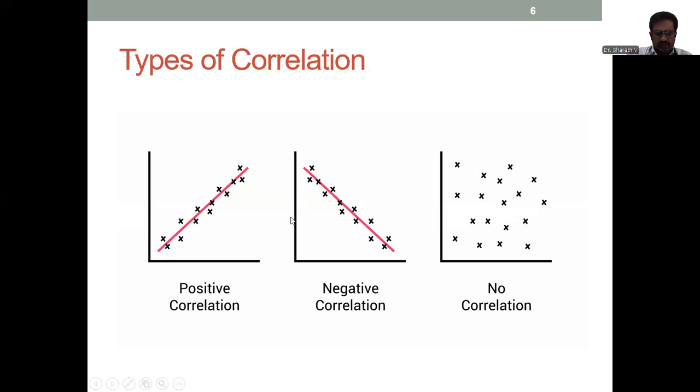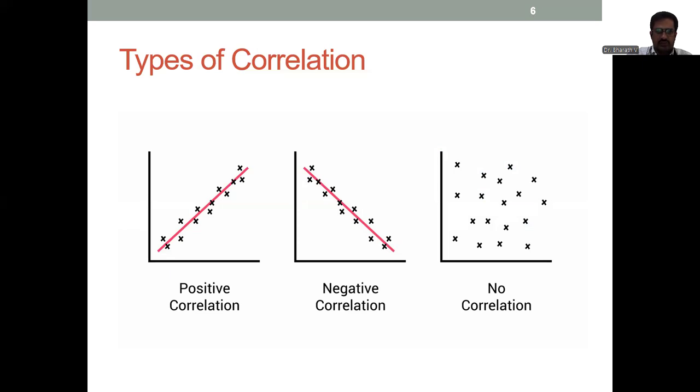A negative correlation indicates that when one variable decreases, the other variable increases. There is an opposite direction, an inverse relationship. So the R value is negative, between 0 and minus 1.